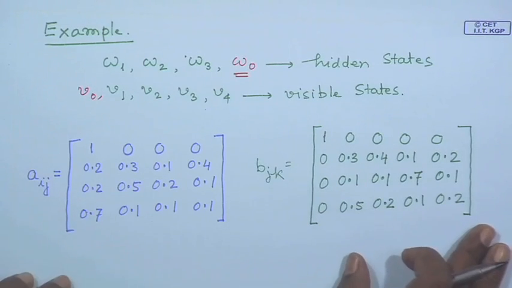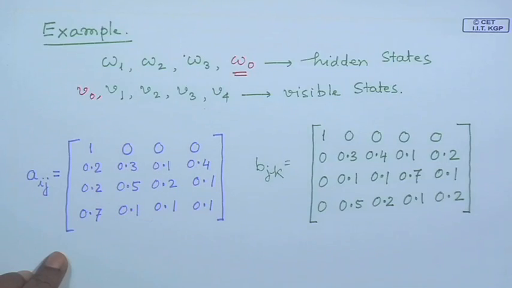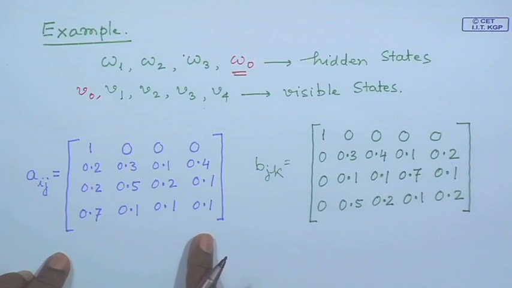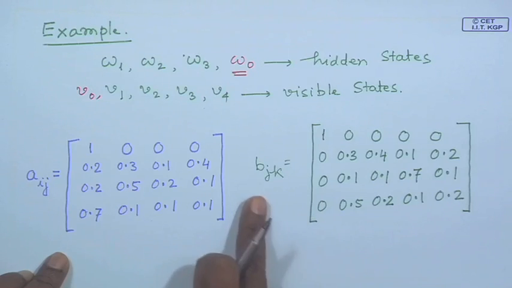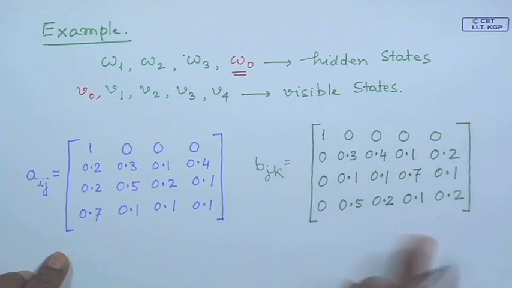So, these are the two different transition probability tables. The first one is the transition probability table, or A i j, as shown over here. This is the transition probability table for the hidden states, and B j k, which is shown over here, indicates the transition probability table for the visible states. And you find that both these tables are indexed from 0.